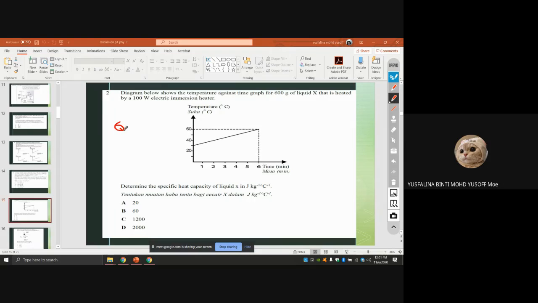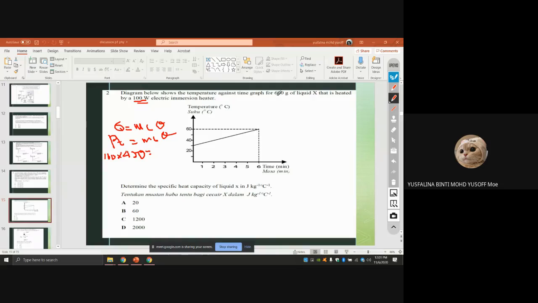But it doesn't give you the quantity of heat energy, so since it gives you the power, you can use Pt equals mc theta. The power is 100, and the time must be in seconds. So 6 minutes changed to seconds, multiply by 70, you get 420.